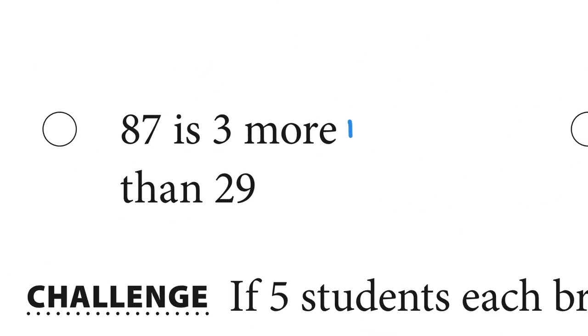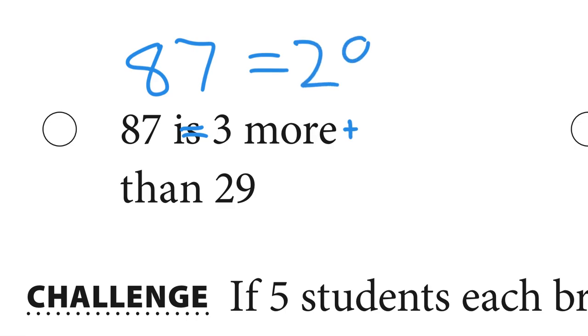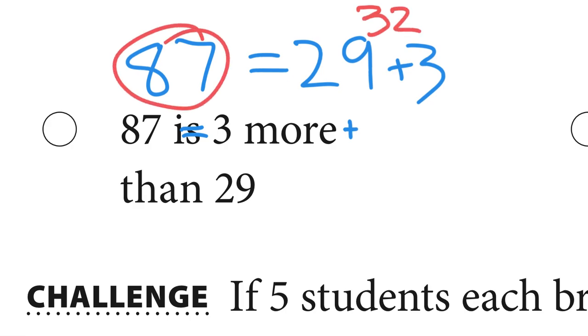Well, to me, more means plus. So that would be 87 is, equal is, 3 more than 29, so 29 plus 3. Ooh, I don't like that because 29 plus 3 is 32. This is not 32, so I don't like this choice.